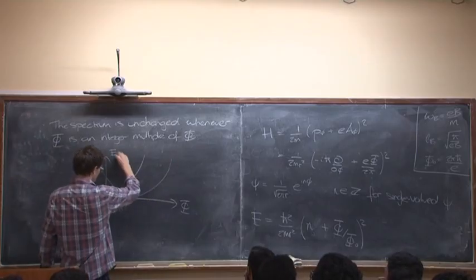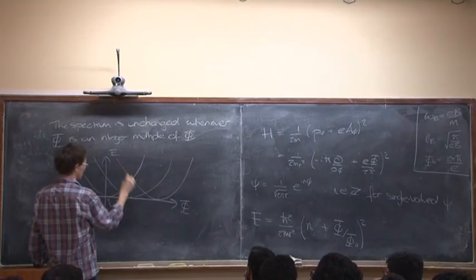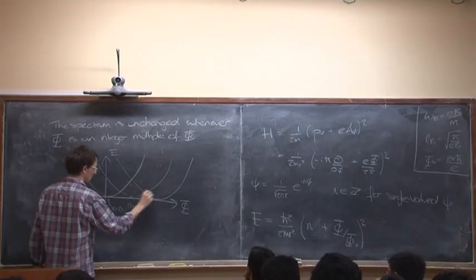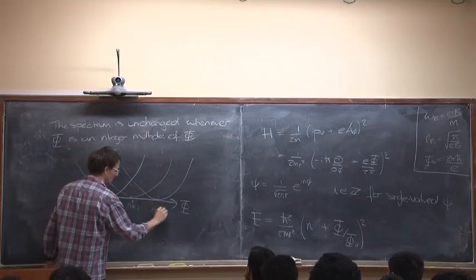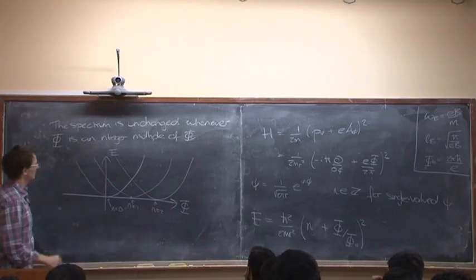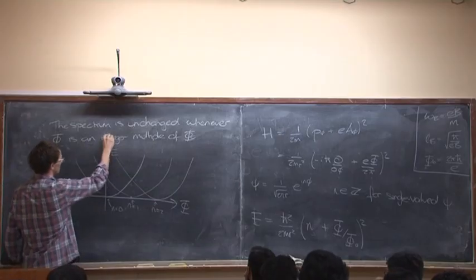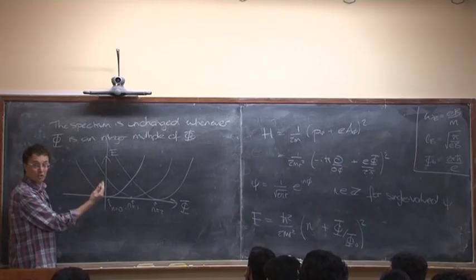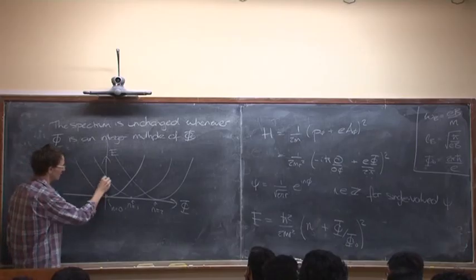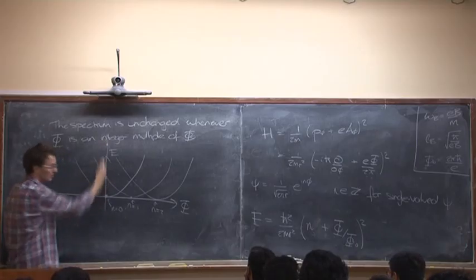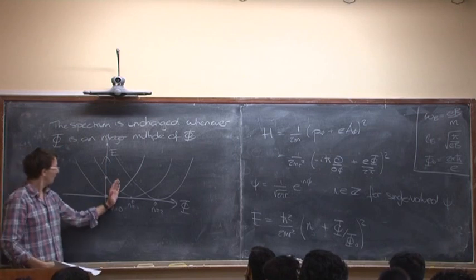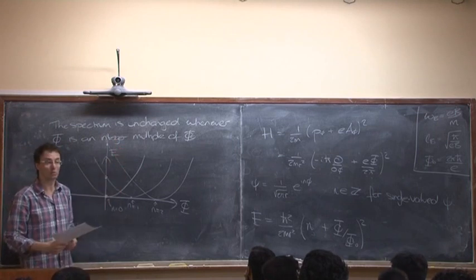And the n equals 2 state like this. So if phi is equal to 0, when we just look at the standard spectrum, the spectrum is here, here, here, and so on.